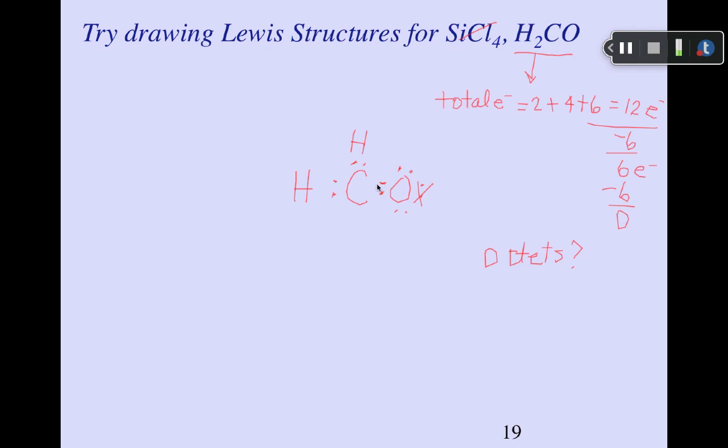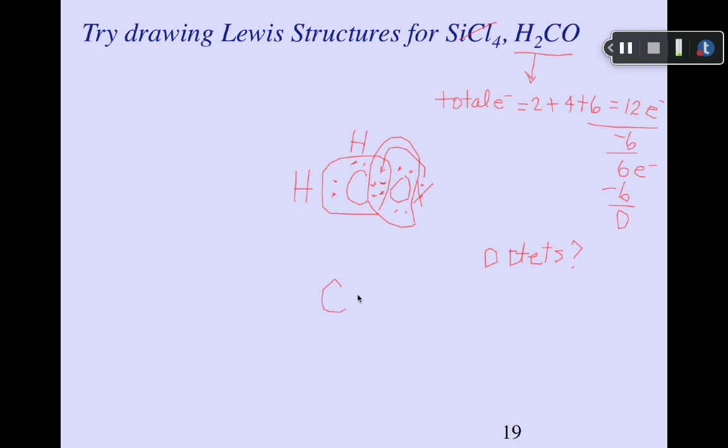We'll take 2 off the oxygen. Hydrogen's got nothing to spare. So we can take 2 off the oxygen and reassign them between carbon and oxygen as a double bond. And that means that 2 shared pairs of electrons will get carbon an octet, if you look at it closely. And it will also get oxygen an octet, realizing those ones on the side there that I crossed out are no longer on oxygen as lone pairs.